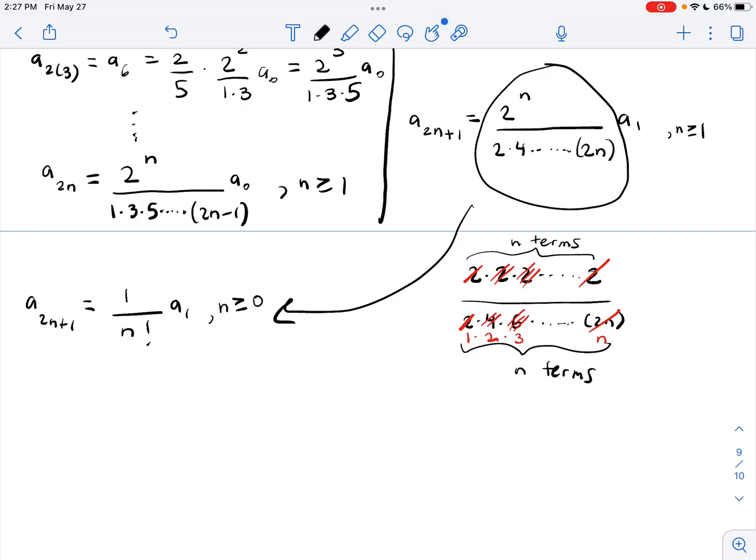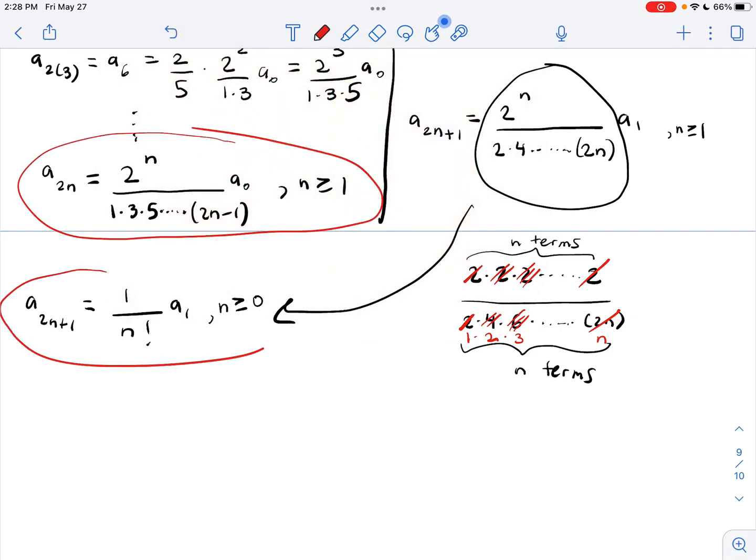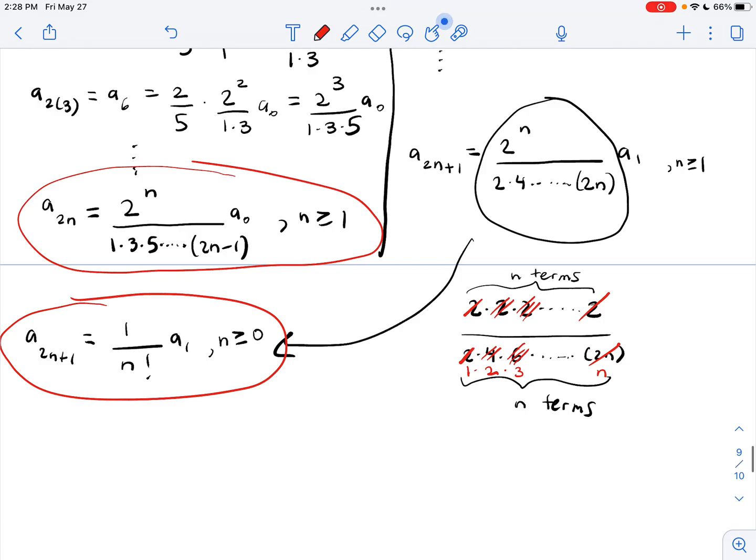It has a definition, doesn't it? Okay, so let me circle these. These are what we're going to use to build our series solutions here. Remember, this is for the even terms. This is for the odd terms, okay?